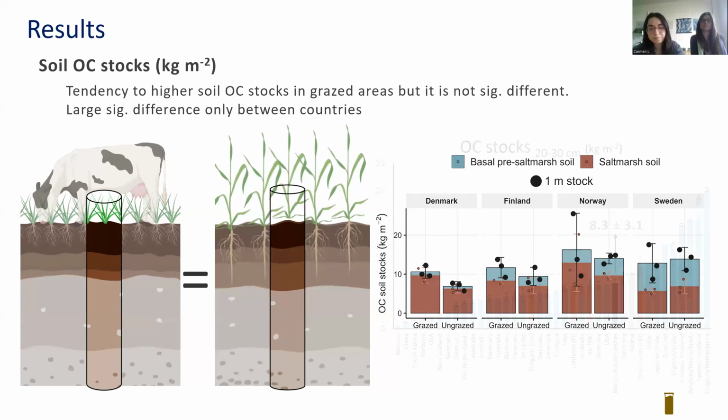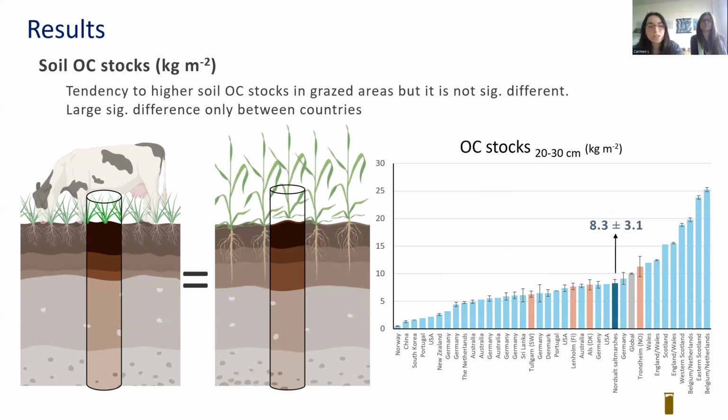When we average all of the stocks for our study sites, for the top 30 centimeters, we have 8.3 kilograms per square meter, and compared to values in the literature from other salt marshes around the world, our average is in a middle high position.